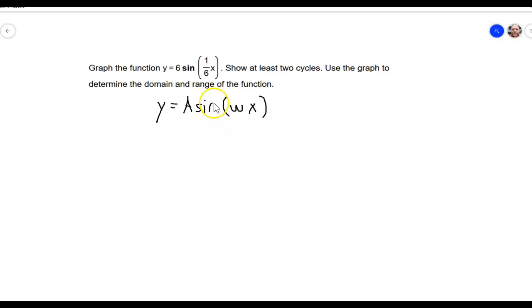Sine of omega x. Sometimes you see this as a B, depending on what example or book you're looking in.